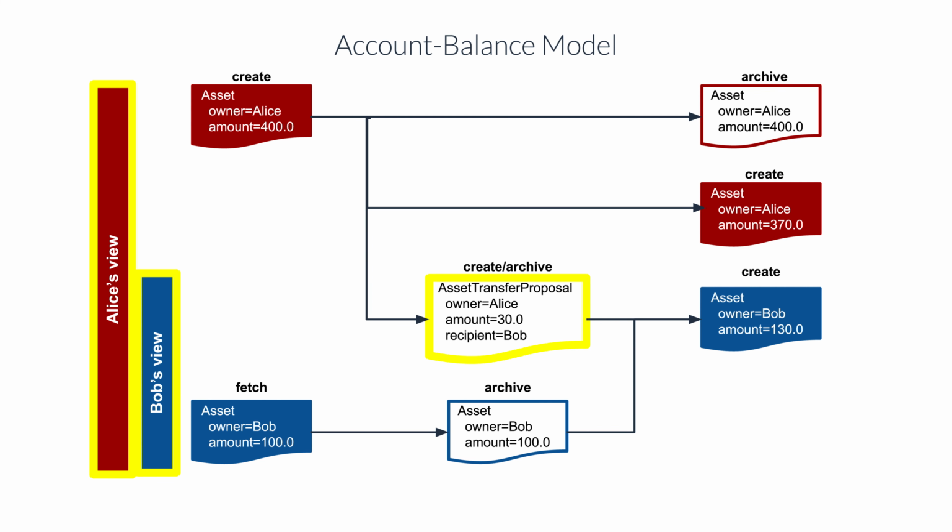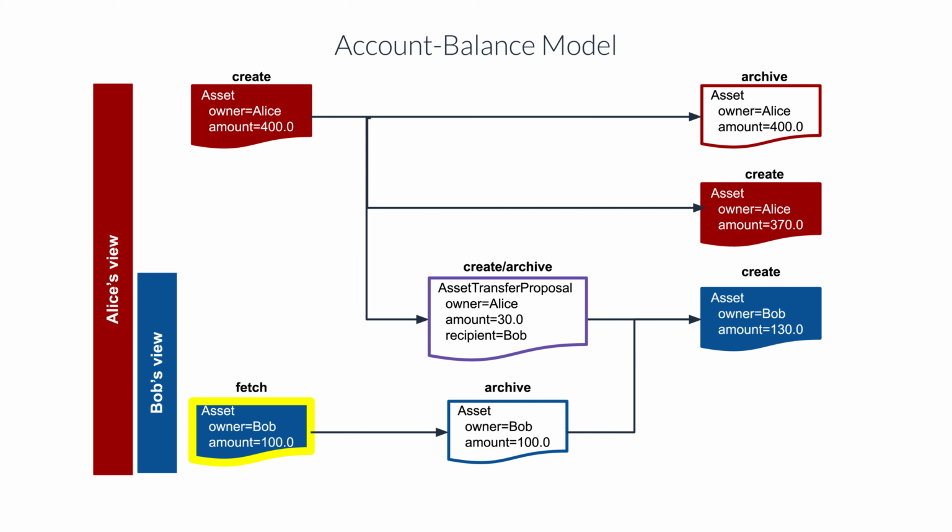When Alice, the original owner of the transferring asset, creates an asset transfer proposal contract with Bob as the receiver, the contract becomes visible not only to Alice but also to Bob, since the receiver is an observer on the contract, and the creation of the contract is a state-changing action, which is visible to the observer.